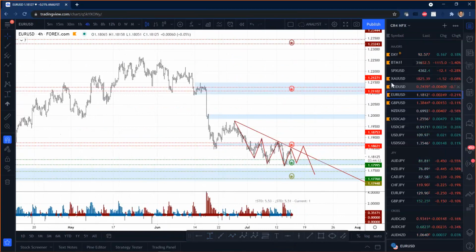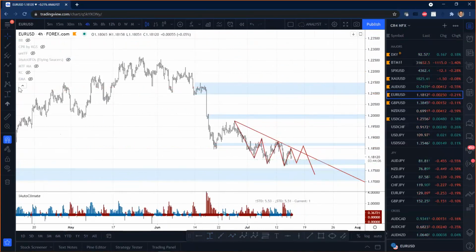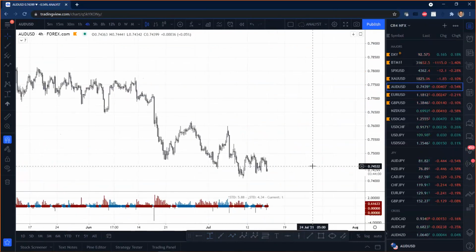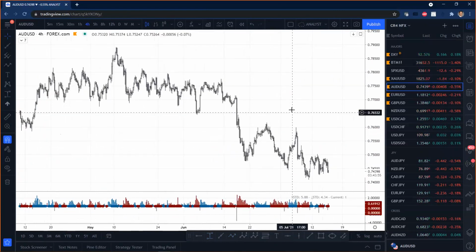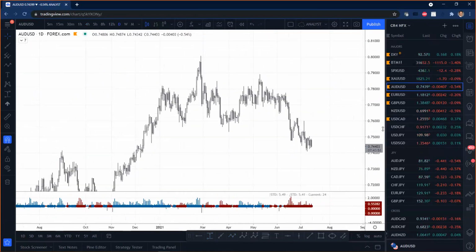Now, what's also interesting, I'm just going to turn off the UFOs here, okay, is if we look at the Aussie, it is also being quite weak. Just pull things back to the bigger picture, right?